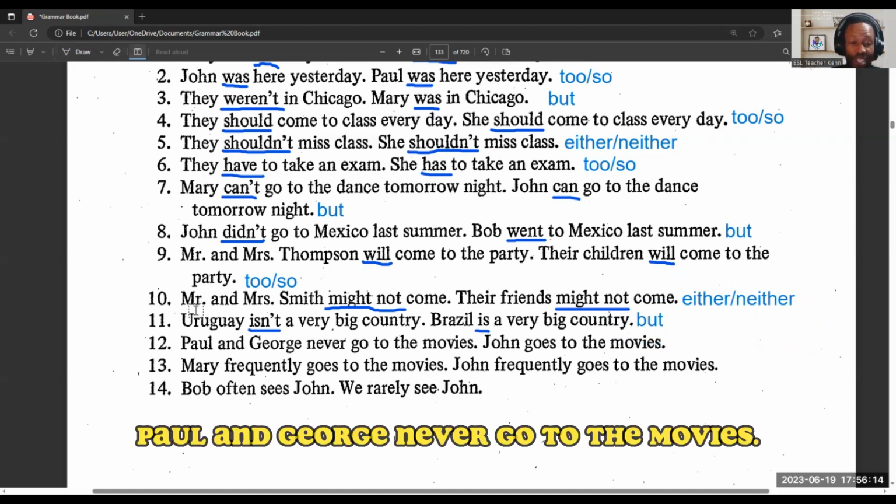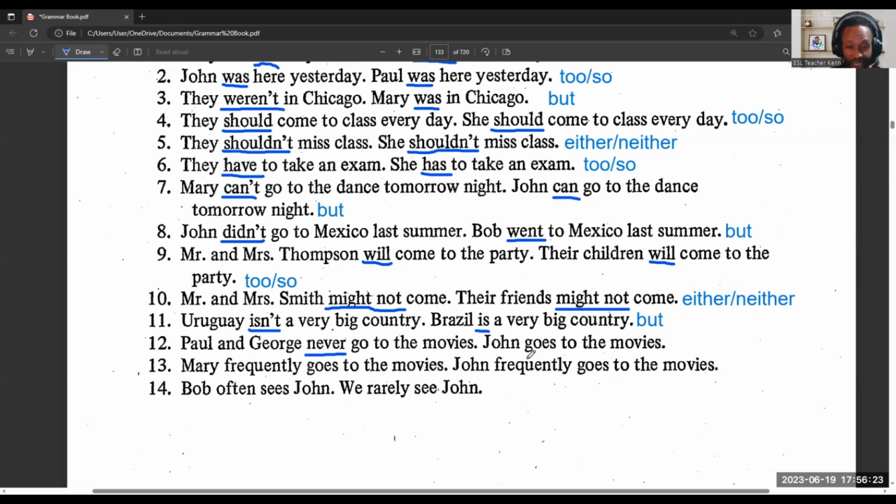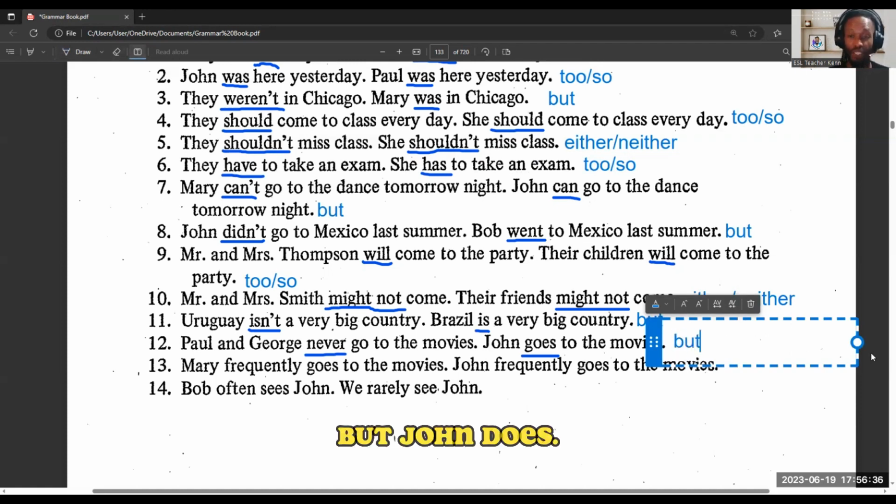Paul and George never go to the movies. John goes to the movies. Okay. Paul and George never go to the movies, but John does.